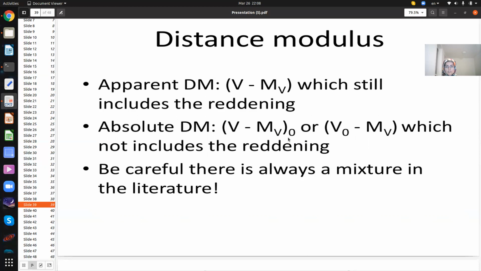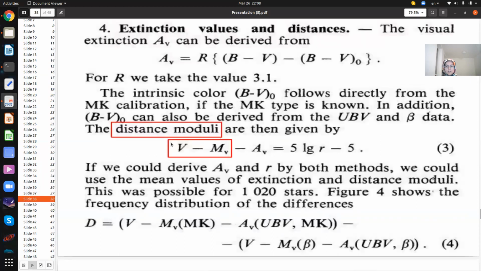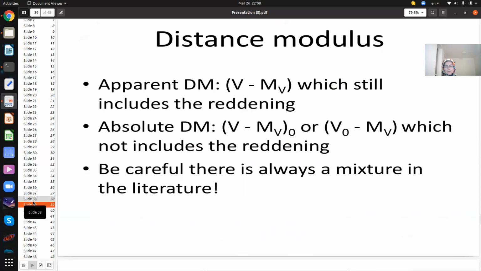But if we do not have 0, it means that it includes the reddening. For example, here it includes reddening, which is a V. For the apparent magnitude, we just have V minus MV, and with 0, which shows that the reddening is not included. Be careful, there is always a mixture in the literature.